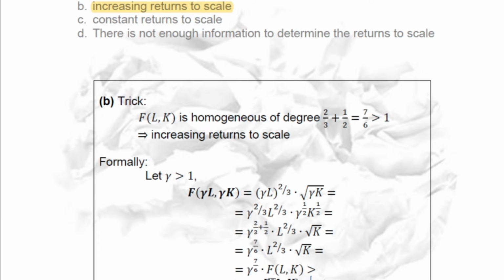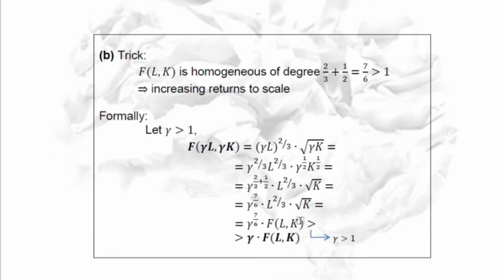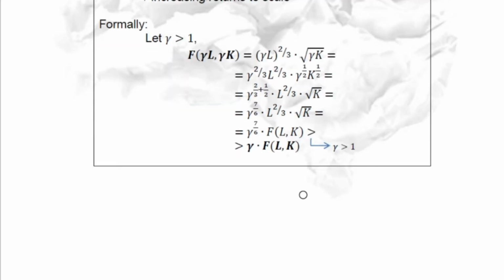Our production has increased by more than the inputs L and K have increased. Okay, we will see some cases where we can't apply this trick. There we need to use the definition because we don't have that trick.